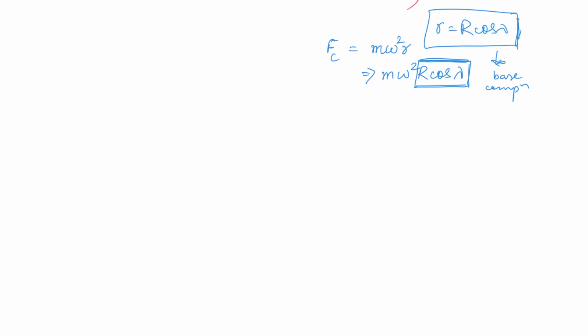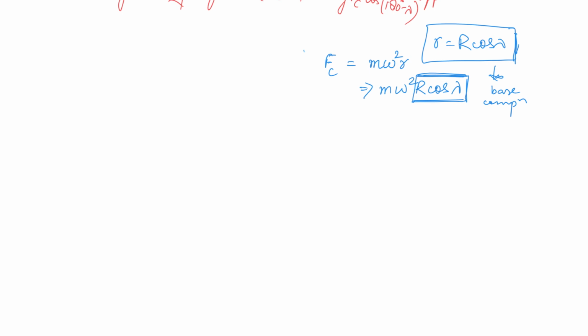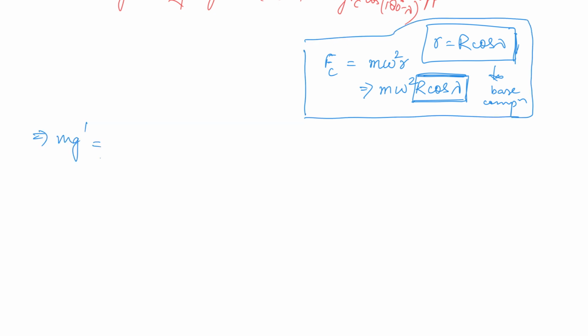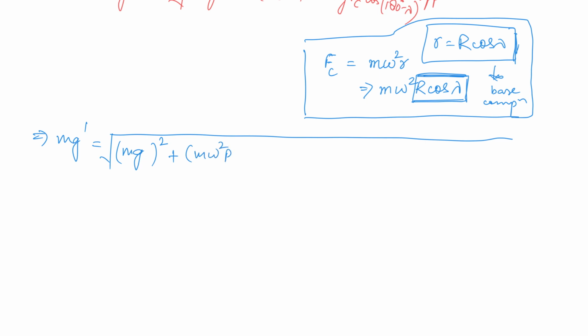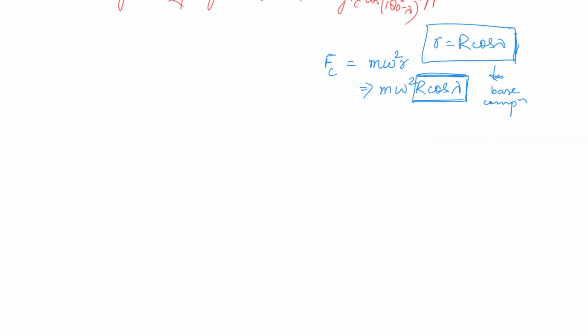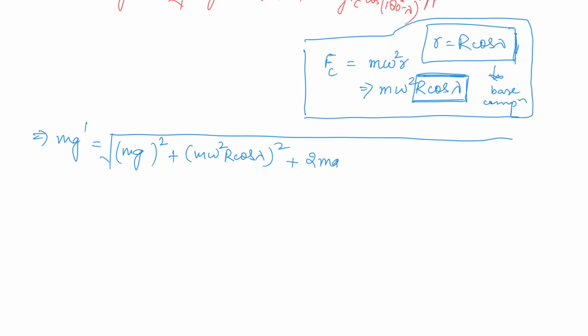Now, so we have written the centrifugal force. Now, coming back to this, mg dash equals under root mg square plus m omega square r cos alpha square plus 2 mg m omega square r cos alpha and minus cos alpha.